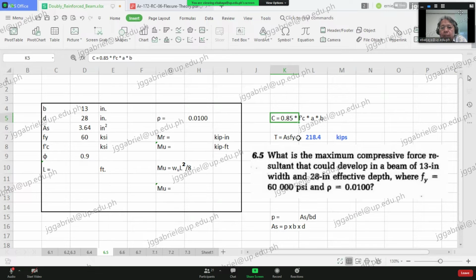Compressive force, that's 0.85 times f prime c times a times b. But we don't have the value for f prime c, di ba? Okay, but we have As and Fy. So to get the value of this, we can equate that with this.